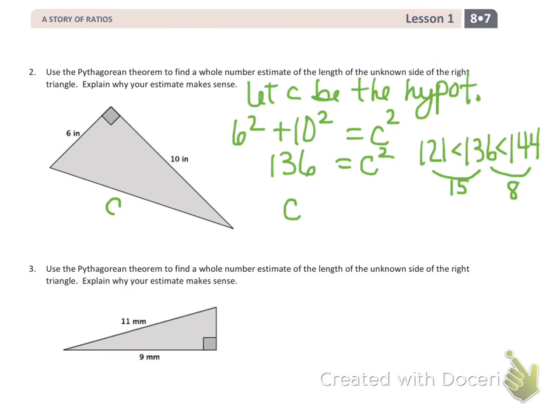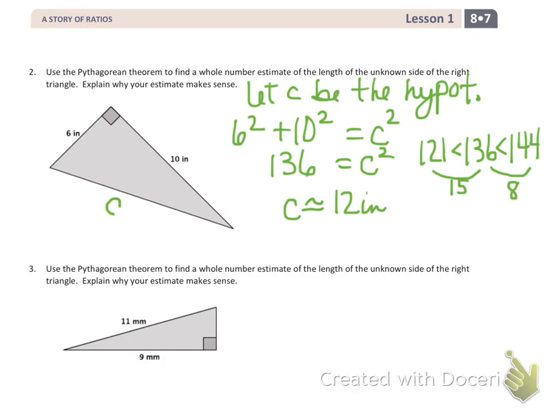So we can say C is approximately 12 inches. Okay, the reason being, my explanation that I would write out would be that 136 is closer to 144 than to 121. And therefore, my side length C is closer to 12 than to 11. So again, it's the closest whole number estimate here.